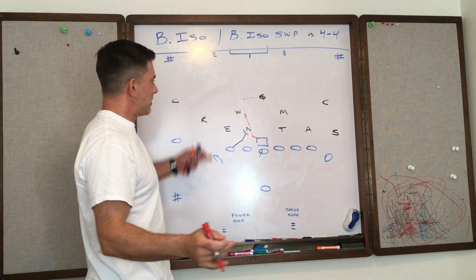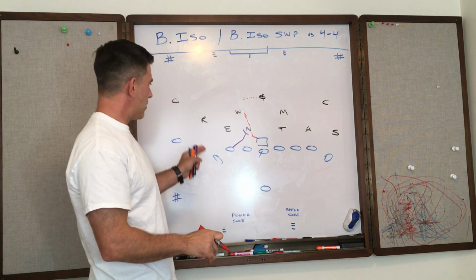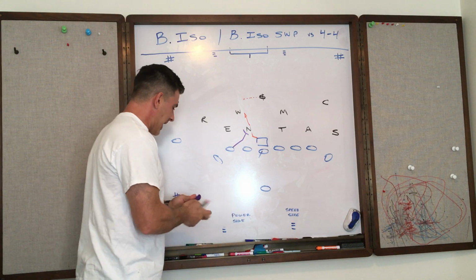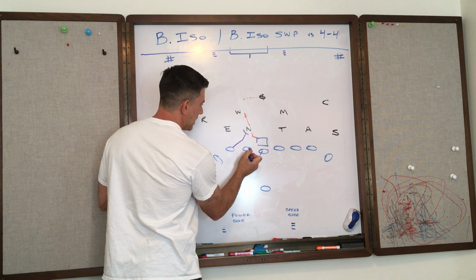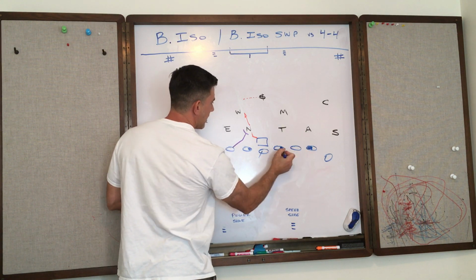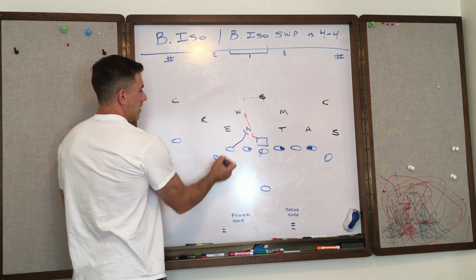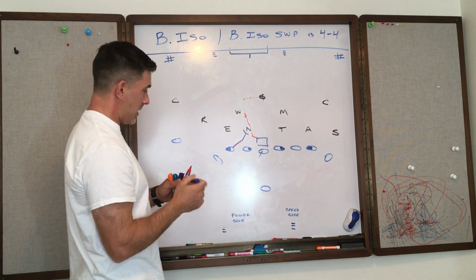Just to back up, we're looking at a 4-4 defense, right? Our shades that we're going to be looking at are most likely a 2-eye with a tight 3 technique, a 6-eye here, a 5 technique here.